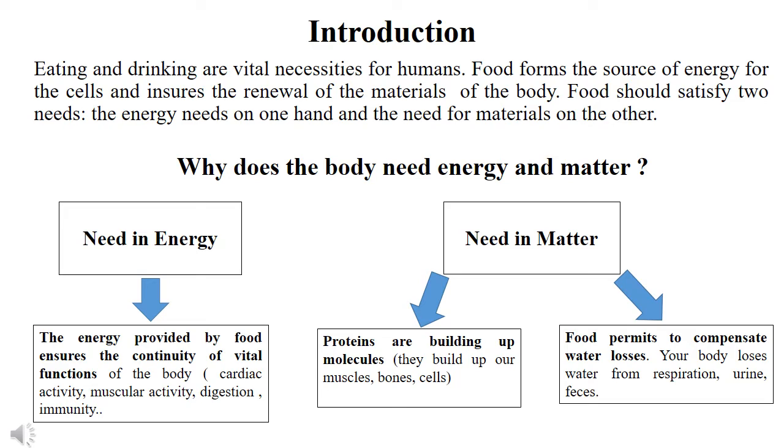In addition to that, the body needs matter such as protein and water. Proteins are building up molecules. They build up our muscles, bones, cells. And water is the most important matter needed by the body because without it, cells would not be able to remove waste, bring in nutrients, or transport oxygen.